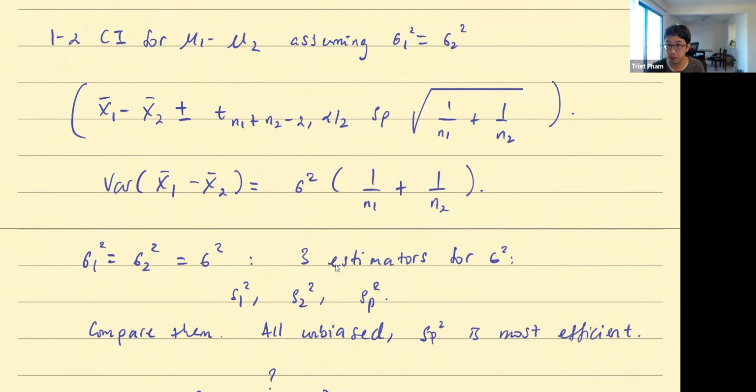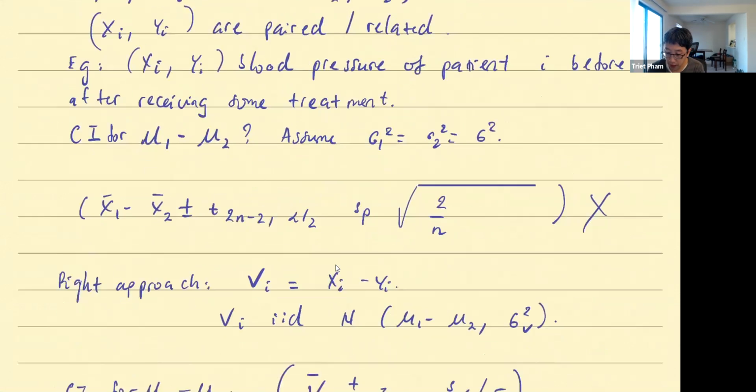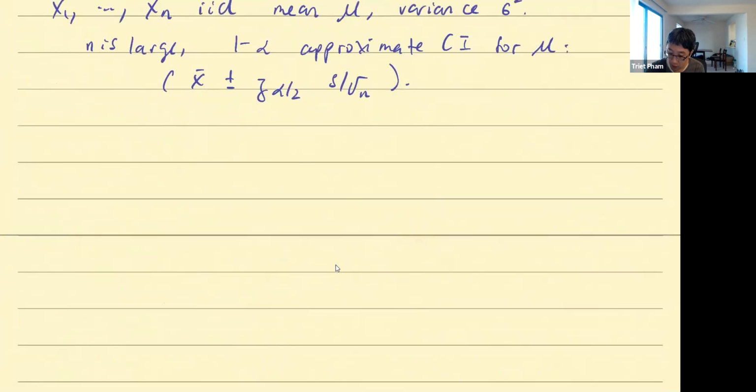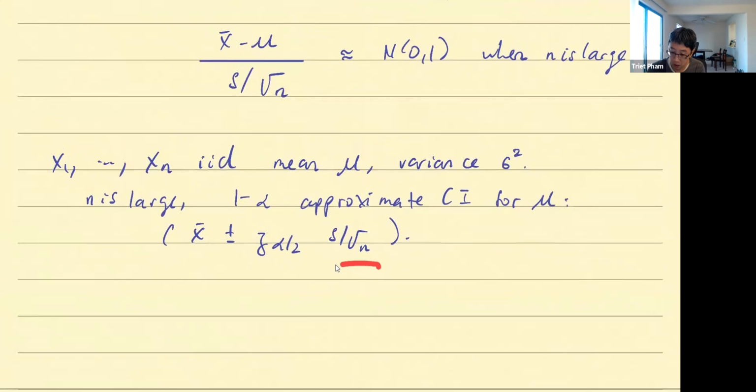If you were to write down the probability that mu1 minus mu2 is in this, it is exactly 1 minus alpha. On the other hand, when you construct something like this, the probability that mu is in here can only be said to be approximately 1 minus alpha. It's not exact, right? You don't know what the exact number is. Maybe a little bit more, maybe a little bit less, depends on the case. Okay, so that's what approximate means.